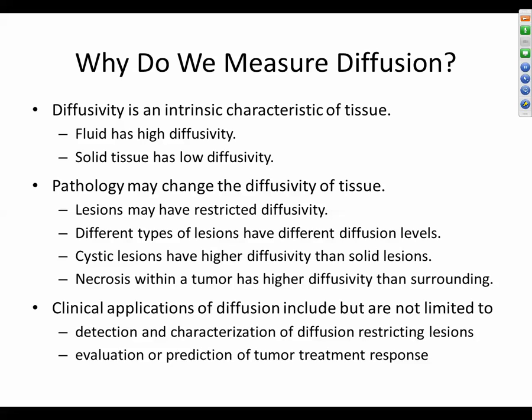In particular, within a tumor, necrosis is more liquid, so it has higher diffusivity than the surrounding tissues. Diffusion has clinical applications like detection and characterization of lesions and evaluation or prediction of tumor treatment response, but it's more than that.